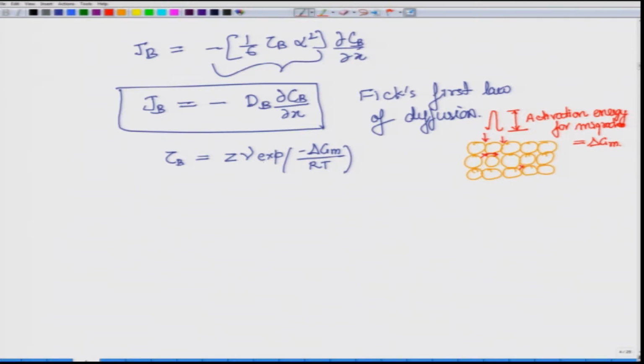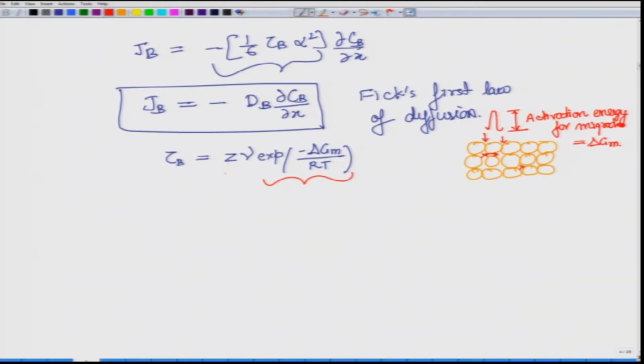What this term denotes is the fraction of jumps that will actually take place, meaning if the energy for migration is delta g m, then the total number of vibrations that will actually result in migration is this fraction.